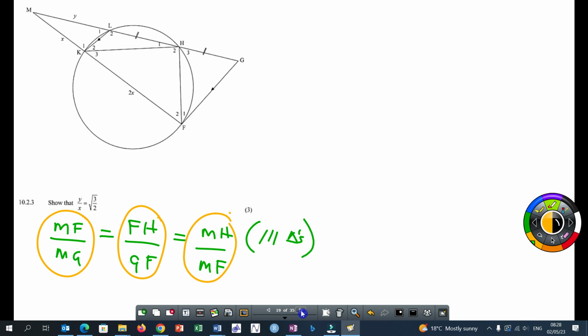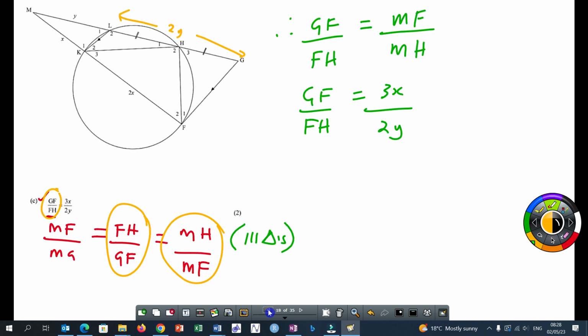So if I choose the first two, I'm going to end up having MF, which is going to be 3x, divided by MG, which is 3y, and that's equal to FH over GF. FH, yeah, I got that. So we've got 2y over 3x.